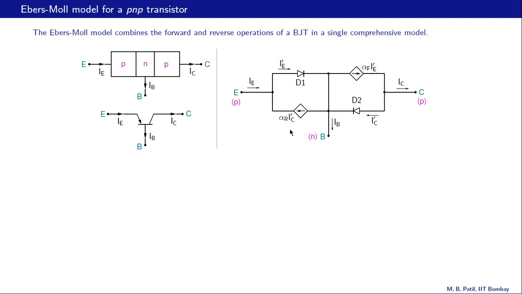So that accounts for the forward active mode, or simply the active mode, as well as the reverse active mode. Apart from that, we have two other situations. One in which both of these diodes are under forward bias, and another in which both of these diodes are under reverse bias. Now the nice thing about the Ebers-Moll model is that it can be used for all of these modes of operation, as we will see.